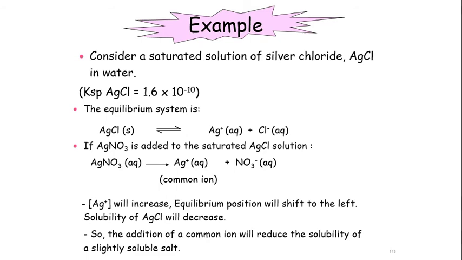Equilibrium akan shift semula, produk yang terhasil pulang balik jadi reactant. So, dia punya kesan adalah solubility of reactant tu akan berkurang. Dalam kes ni, solubility of salt tu akan berkurang. So, secara konklusinya, kalau kita tambah common ion, ia akan menyebabkan solubility of salt tu akan berkurang.